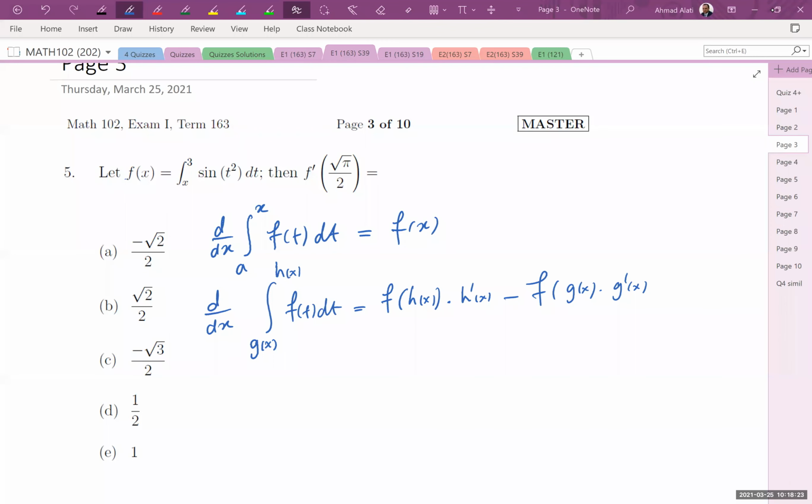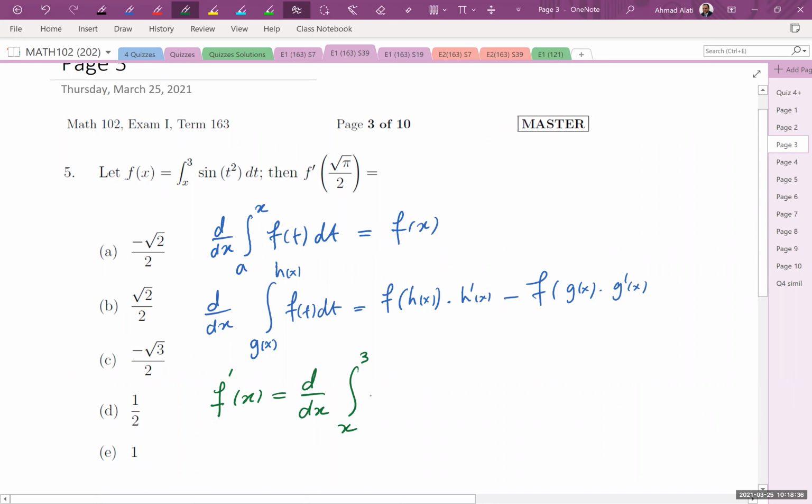Now, in our example, you need to find the derivative of the function. The derivative of the function is the derivative of the integral from x to 3. Here f(t) is sine squared t, dt. So now this will be equal to what, ya Shabab? You can use the second or the first. It is up to you.